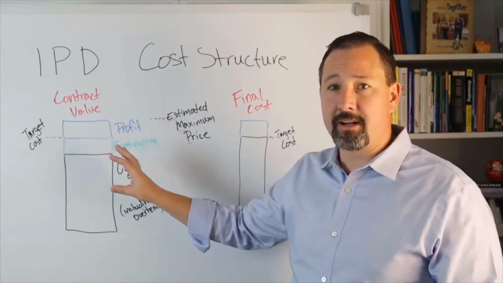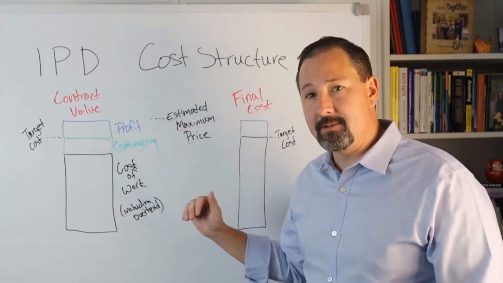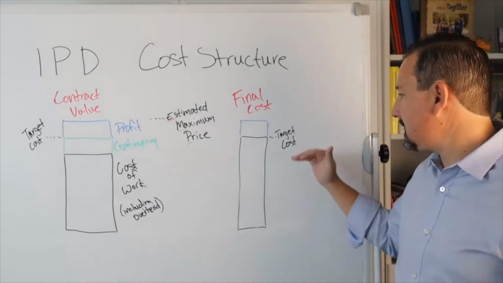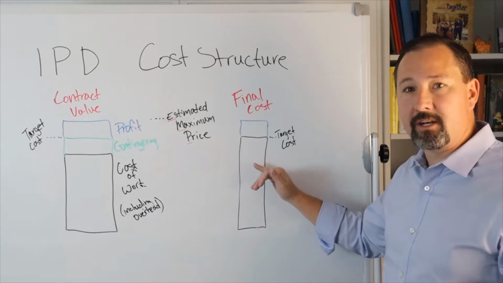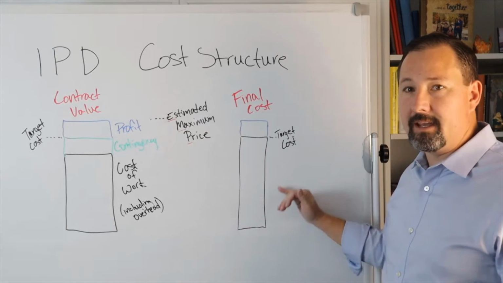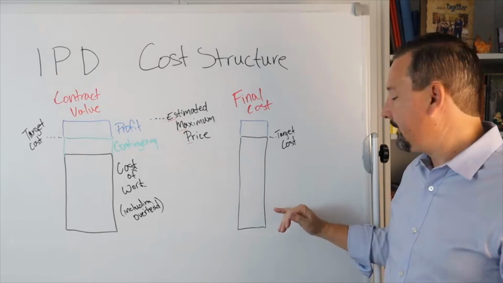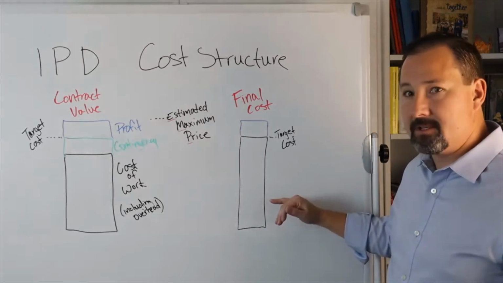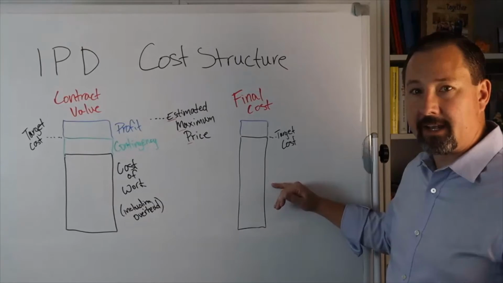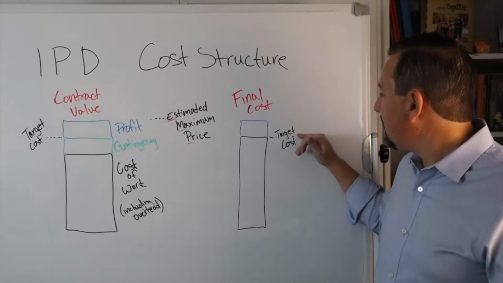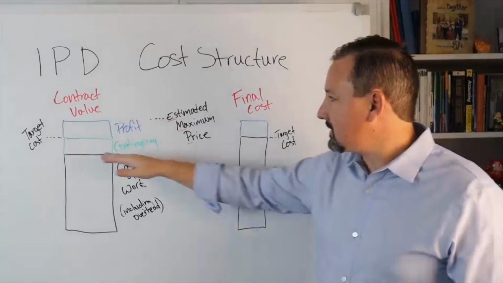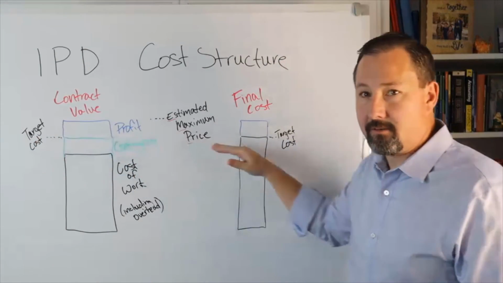Once the contract values are set and the team is delivering the project, we'll move over to this. So here we've got the same stack, except now I've included contingency within this cost of work area. So each month the team is billing on the project and tracking their costs, and the cost of work is going up. Now we set our target cost here, which is the same as this target cost over here.